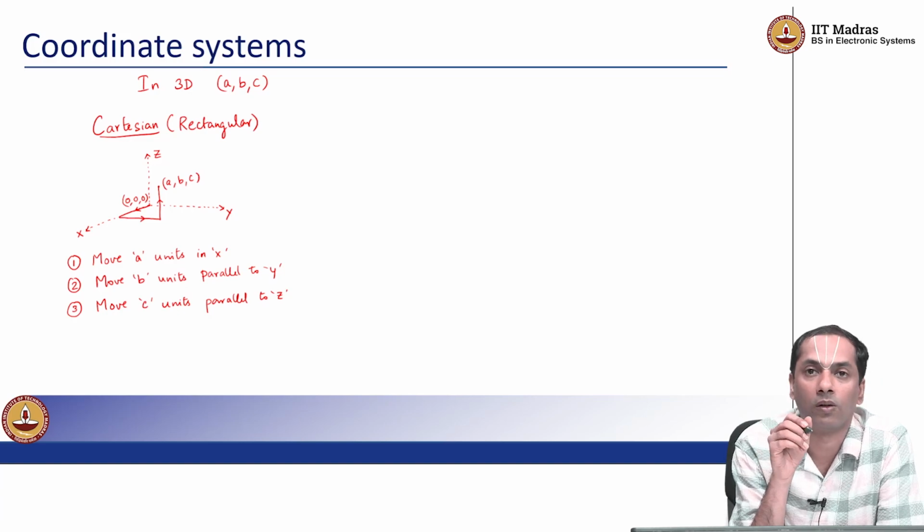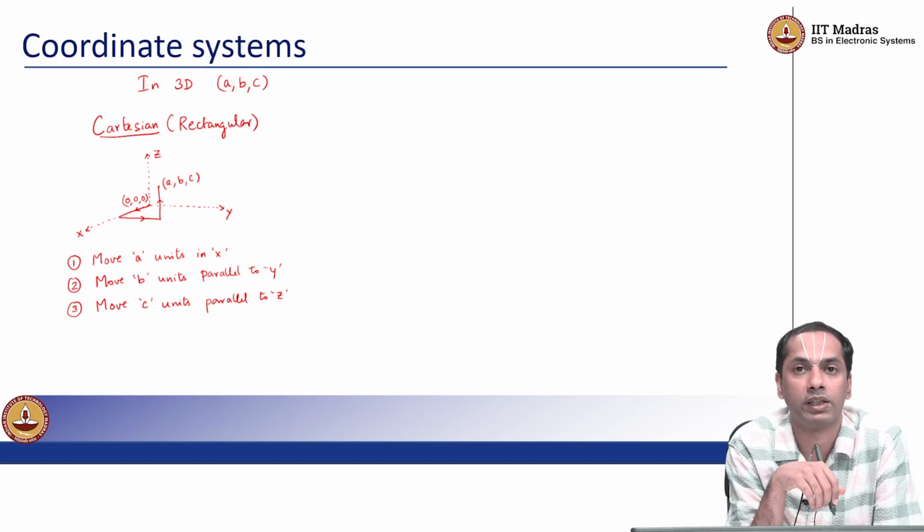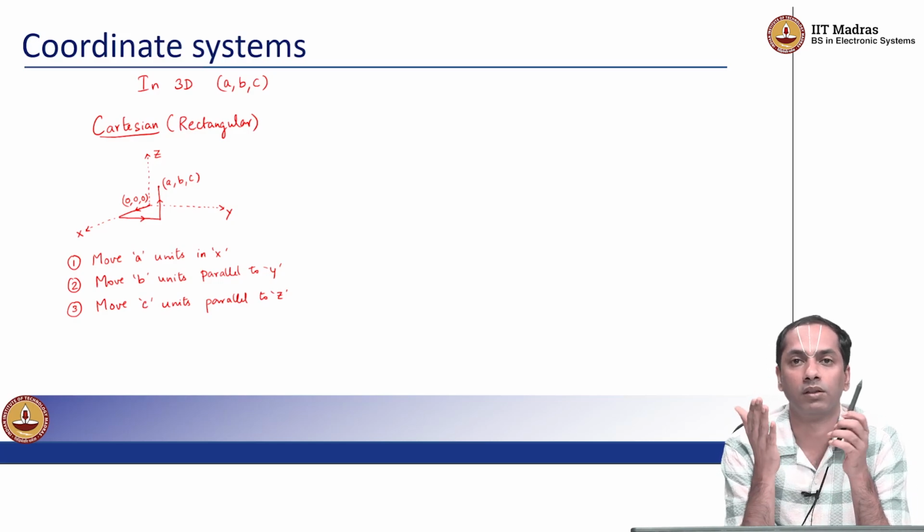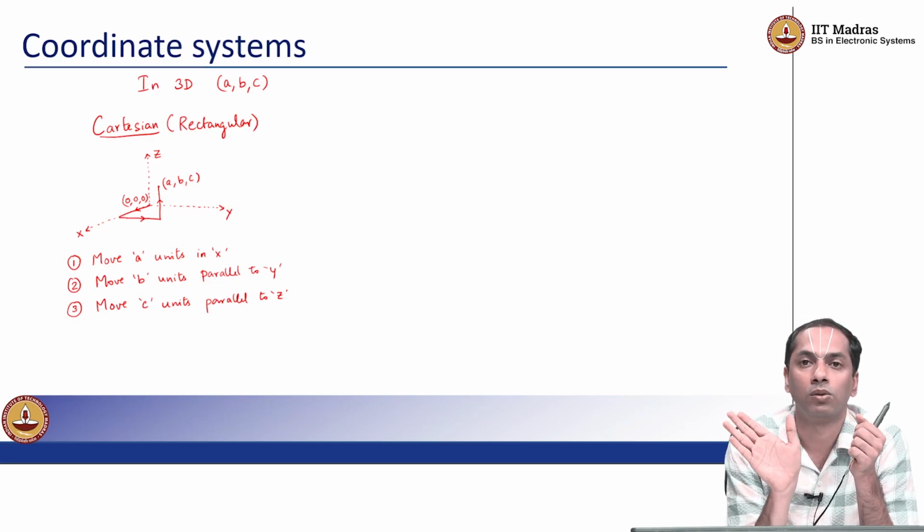Now I said the ordered triplet of numbers, the ordering is important, right? And also the orientations of x, y and z in the 3-dimensional space is also important, right? So we say that the x, y and z axes follow the right hand thumb rule, which is if I were to use the 4 fingers to go from x to y, the thumb indicates the direction for z, right?